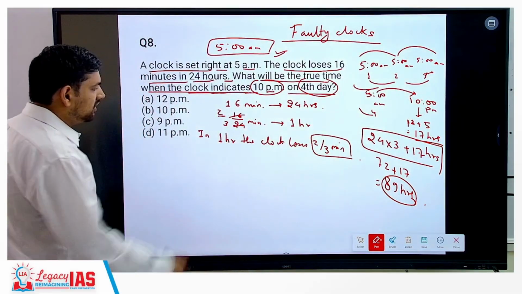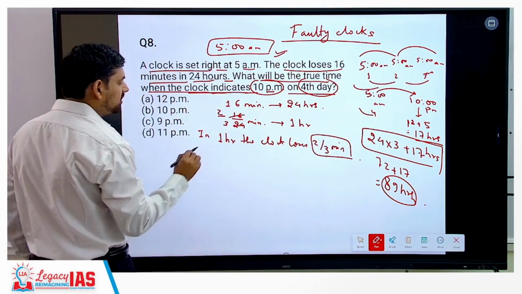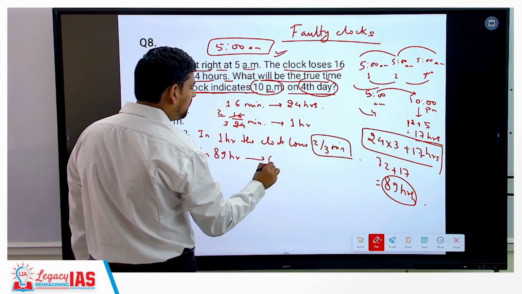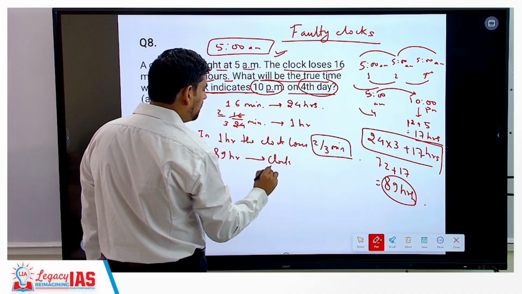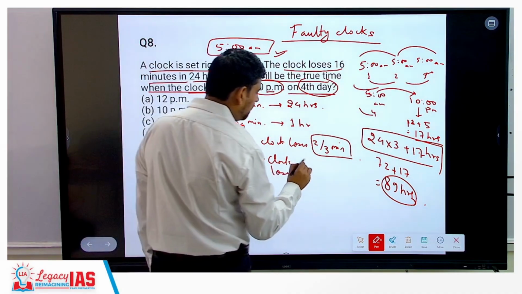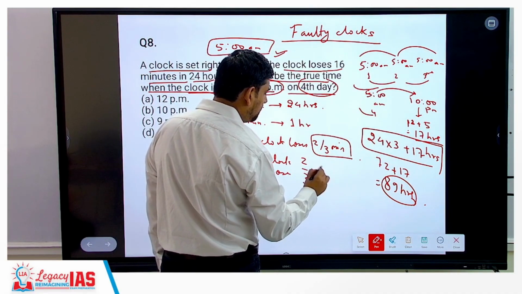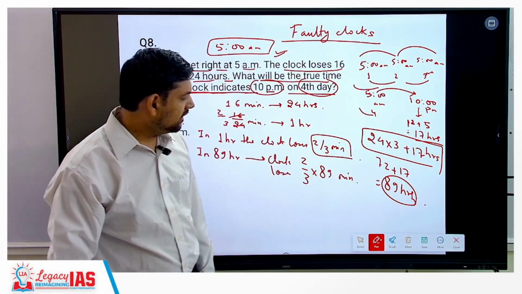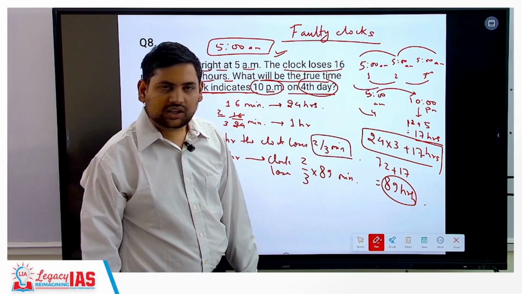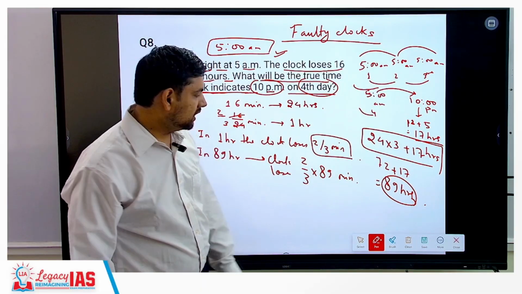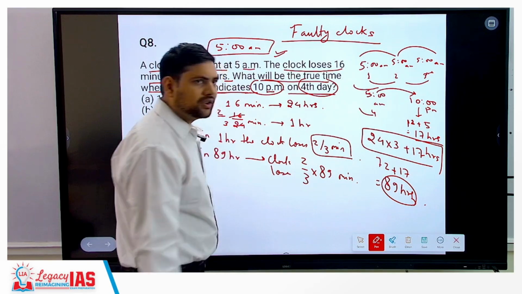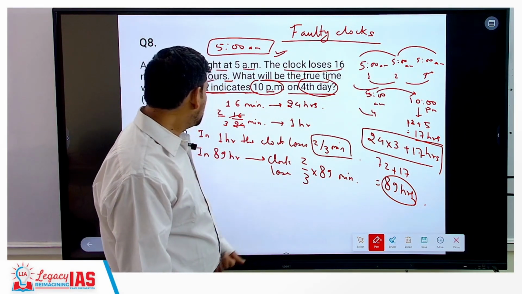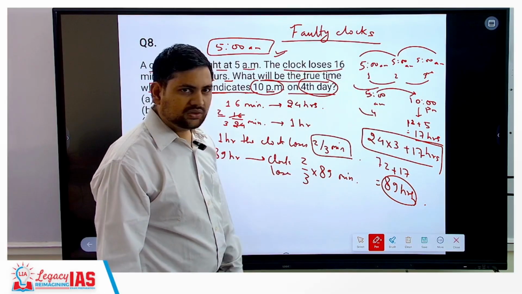Now it is very easy. In 1 hour the clock loses 2 by 3 minutes. So in 89 hours the clock will lose how much? The clock will lose 2 by 3 into 89 minutes. 89 is not clearly divisible by 3, but if you take an approximate, you will get 2 by 3 into 89.